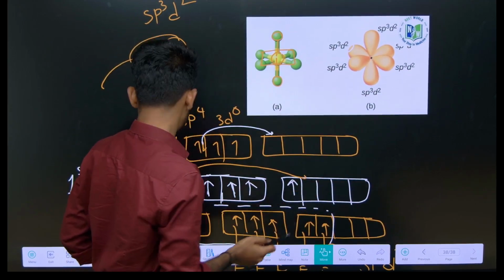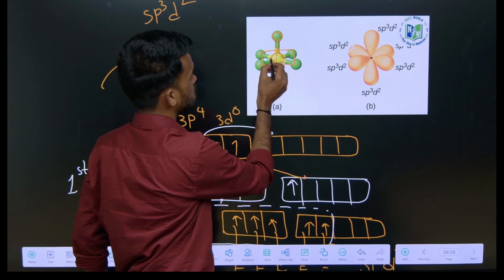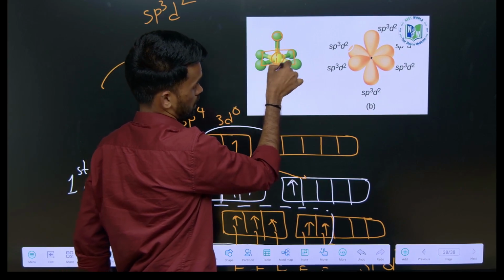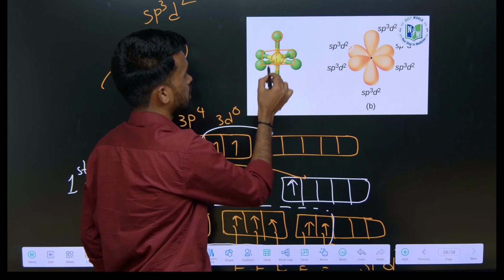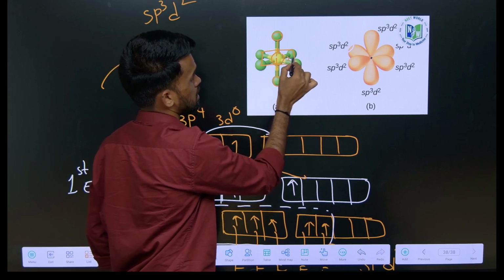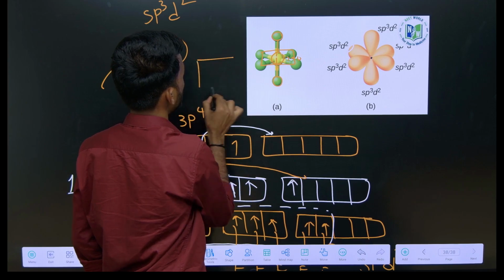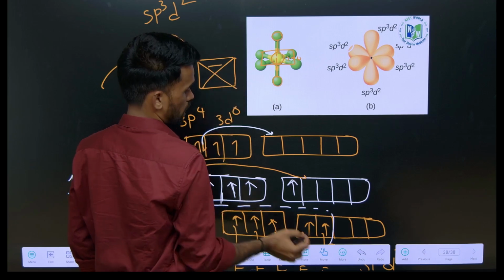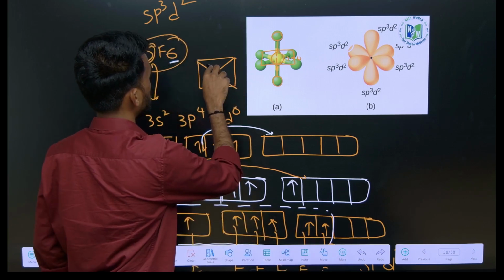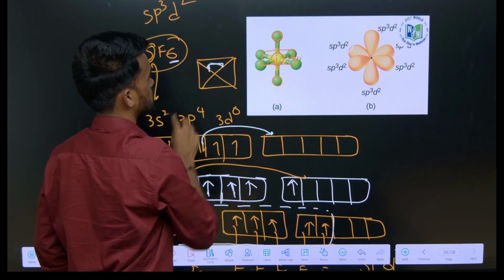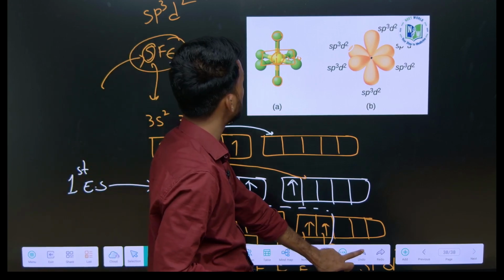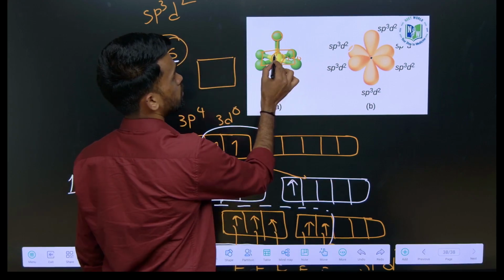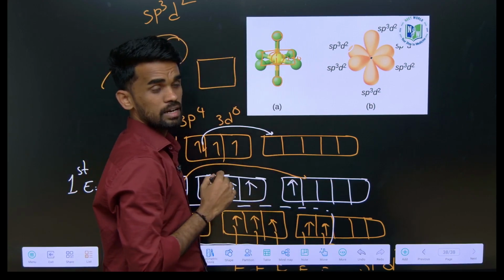So what are the angles now? See, between any 2 adjacent atoms, that is 90 degrees. In a square, between any of these 2 lines, what is the angle? That is 90 degrees. So between any of these adjacent ones, 90 degrees.